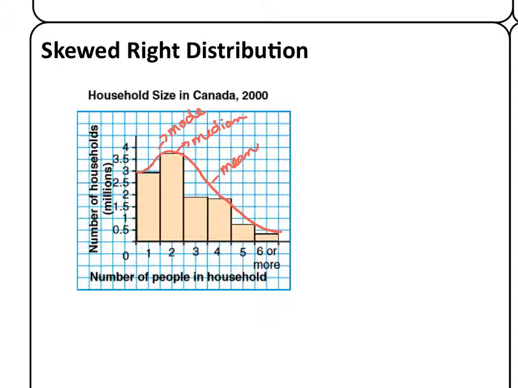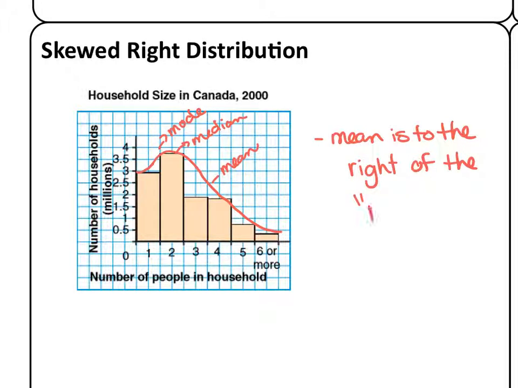So it's skewed right because the mean is moved to the right. So the mean is to the right of the peak. So that's why it's called skewed right. Even though most of the data is on the left, it is skewed right because the mean is to the right of the peak.